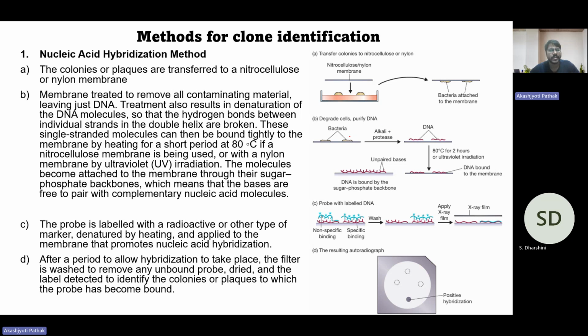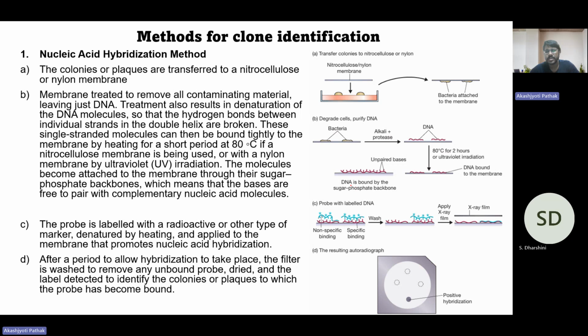When you treat it with alkali and protease, you get the free DNA, so the DNA is extracted from the cell. Now, you want the DNA to be attached to your nitrocellulose membrane, so you treat it with ultraviolet radiation or heat it at 80 degrees Celsius for 2 hours. Then your DNA will get attached to your membrane.